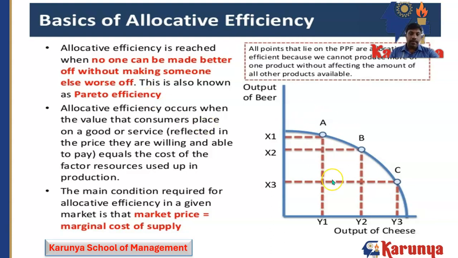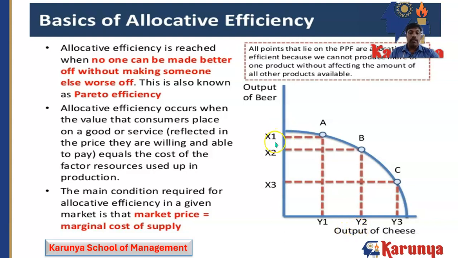This graph indicates commodity X1 and commodity Y1. Just imagine cheese and beer. When we produce more beer, we will be able to produce less cheese. When we reduce from X1 to X2, we can produce more cheese, resulting in Y2.